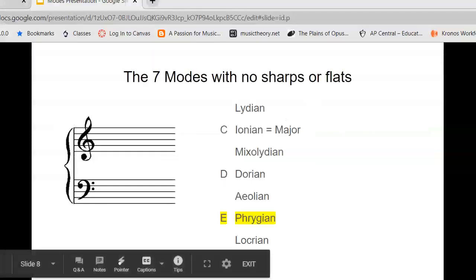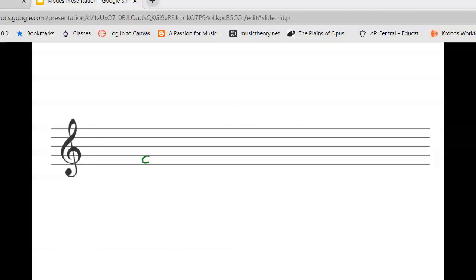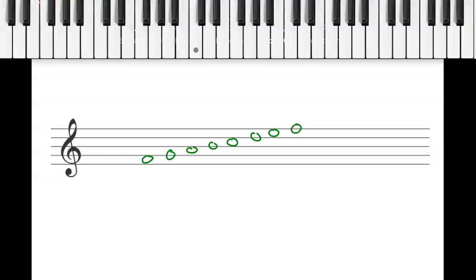E Phrygian. On F, I would get what we call Lydian mode. Here's F Lydian.